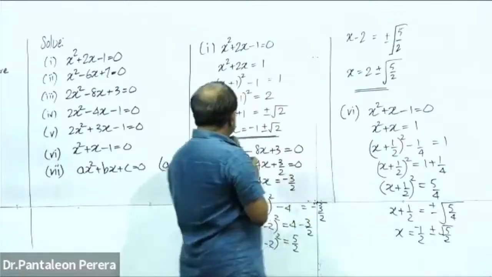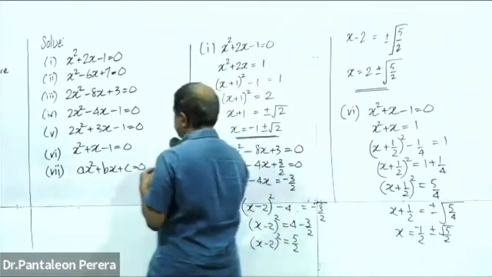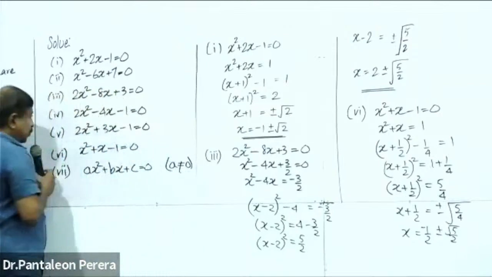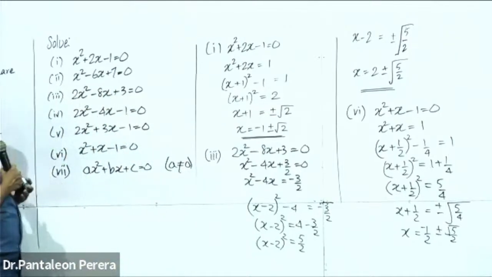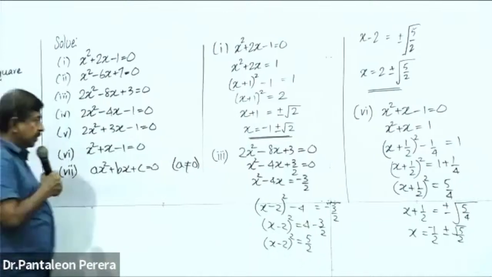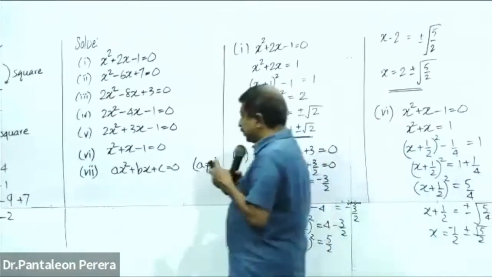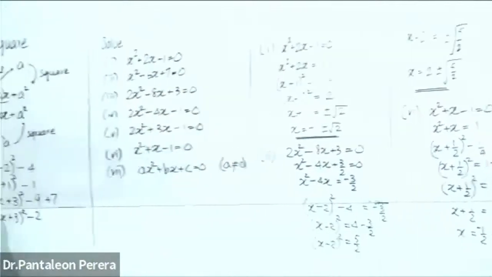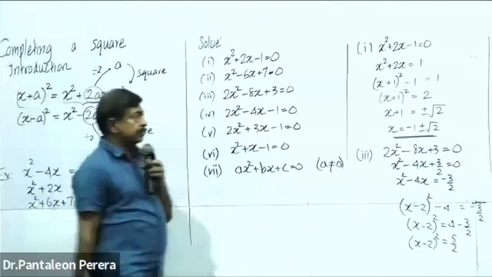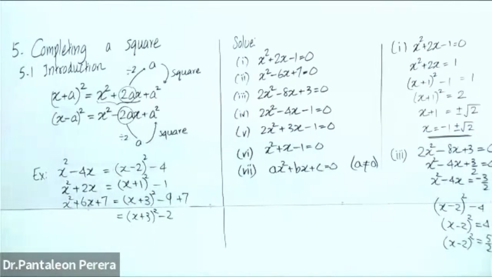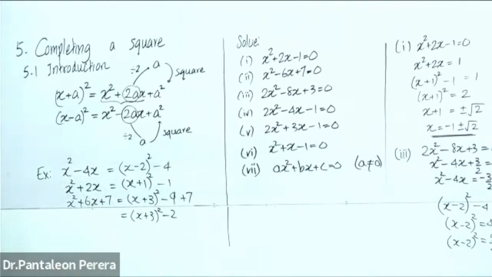Okay, you do the other parts: 2, 4, 5, and 7. And we can wind up with this problem. If you have difficulty in the 7th, I'll do it for you. Okay, I'll do the 5th and the 7th towards the end, but you try them out first.